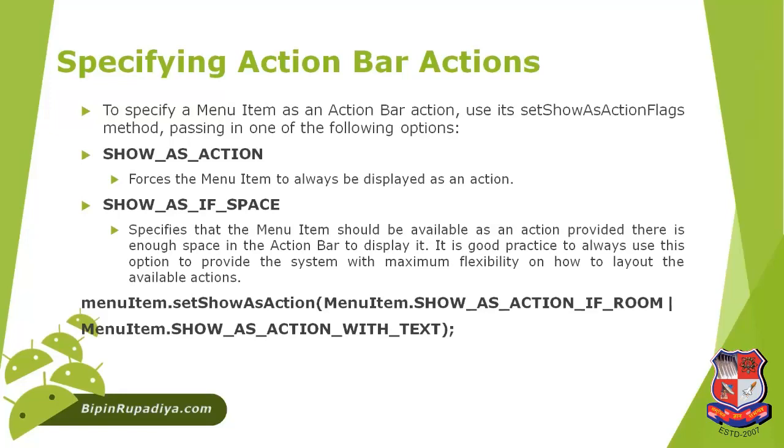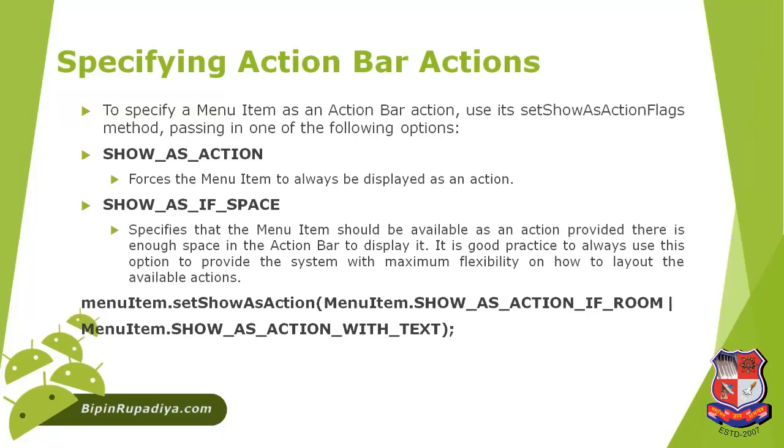That means if there is certain room or some space available, like say we have written red, green and blue. It is possible that if you see your mobile in portrait mode, there may not be enough space, because a title is there. Then if you hold these 3 buttons, it becomes collapsed.